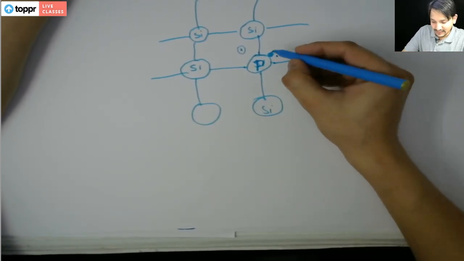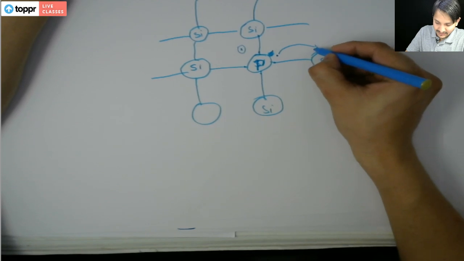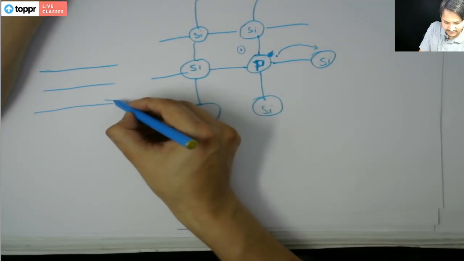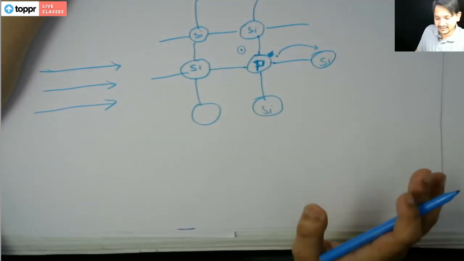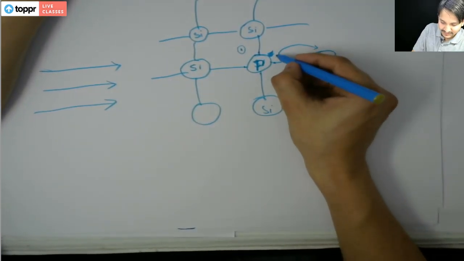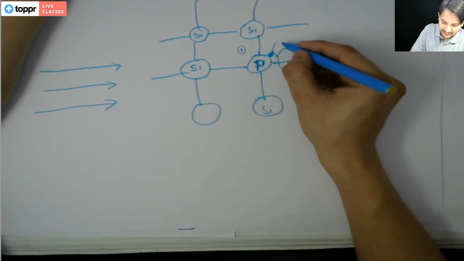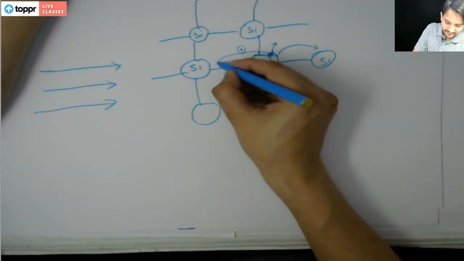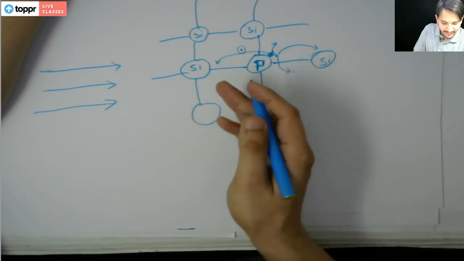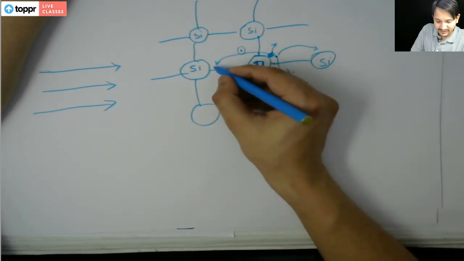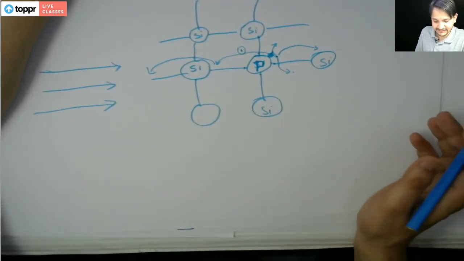Now if an electric field is applied, what will happen? This electron which is moving here or there will start jumping from one atom to another, opposite to the direction of the electric field.